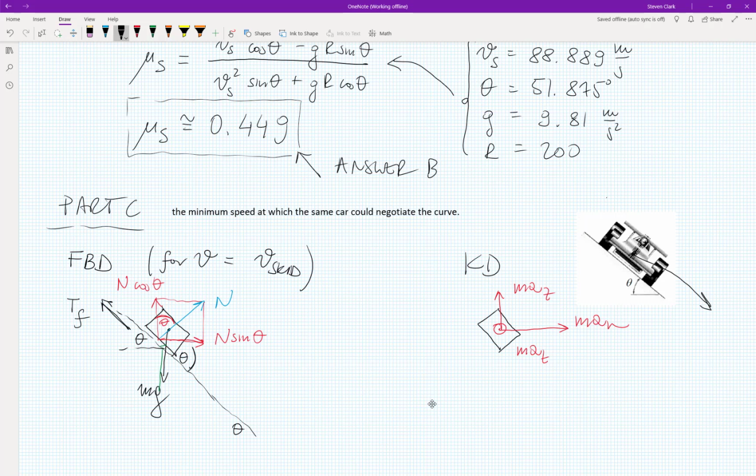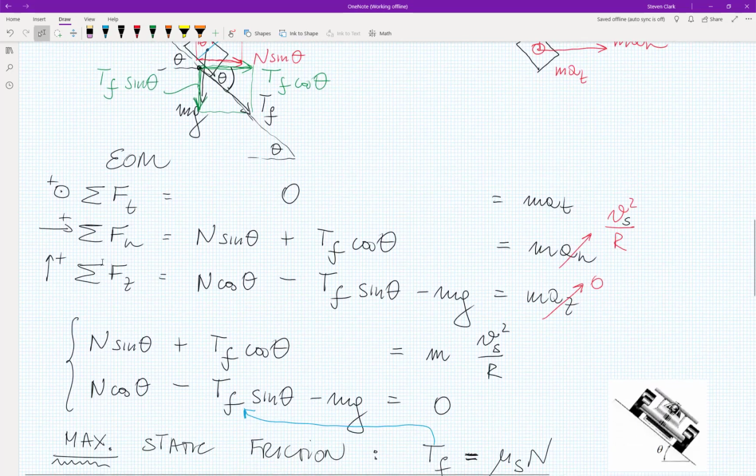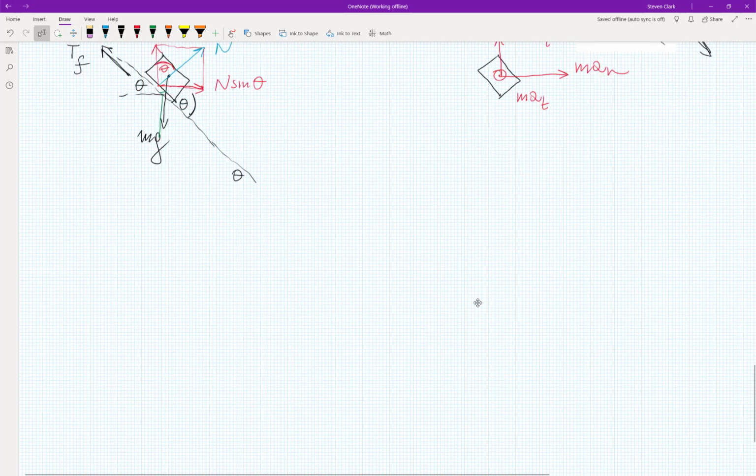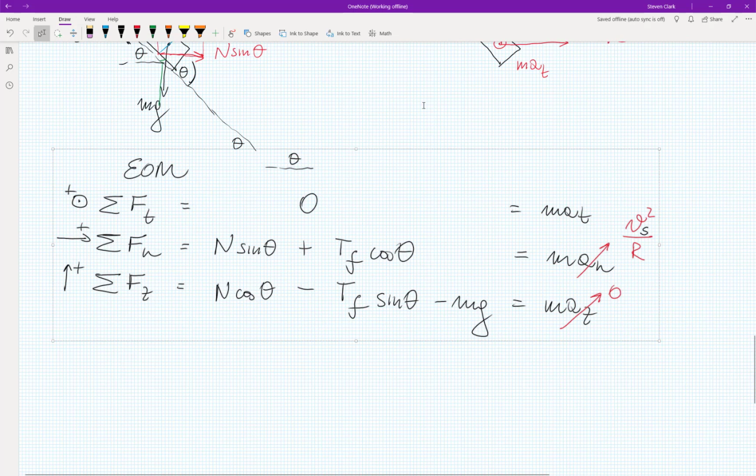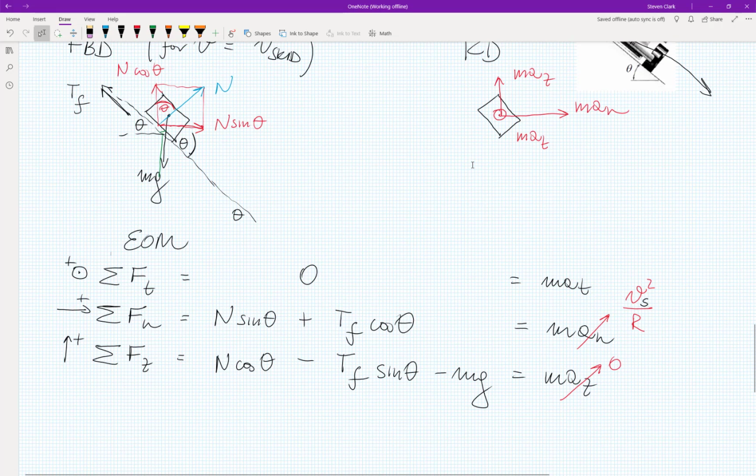And if this is true, I think that I can also copy the equation of motion, right? Since we just flipped TF, our equations of motion will look like that.